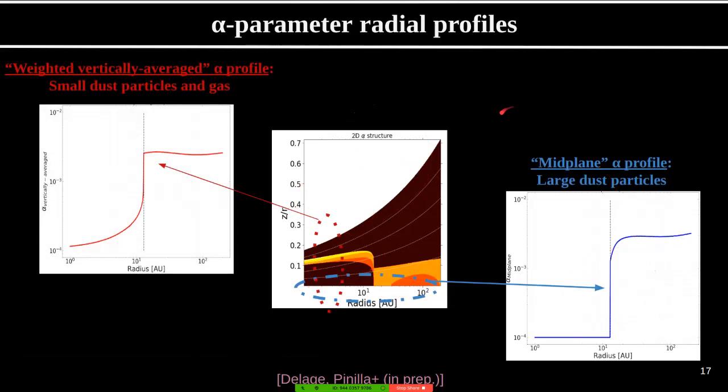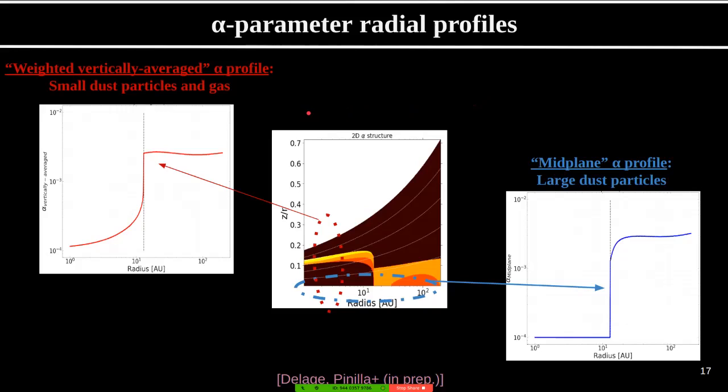On the other hand, if you're interested in the small dust particles and gas, they are more sensitive to surface layers, because the gas can from the surface layers launch waves towards the midplane, and because small particles are coupled to the gas, the small particles are going to feel those waves.